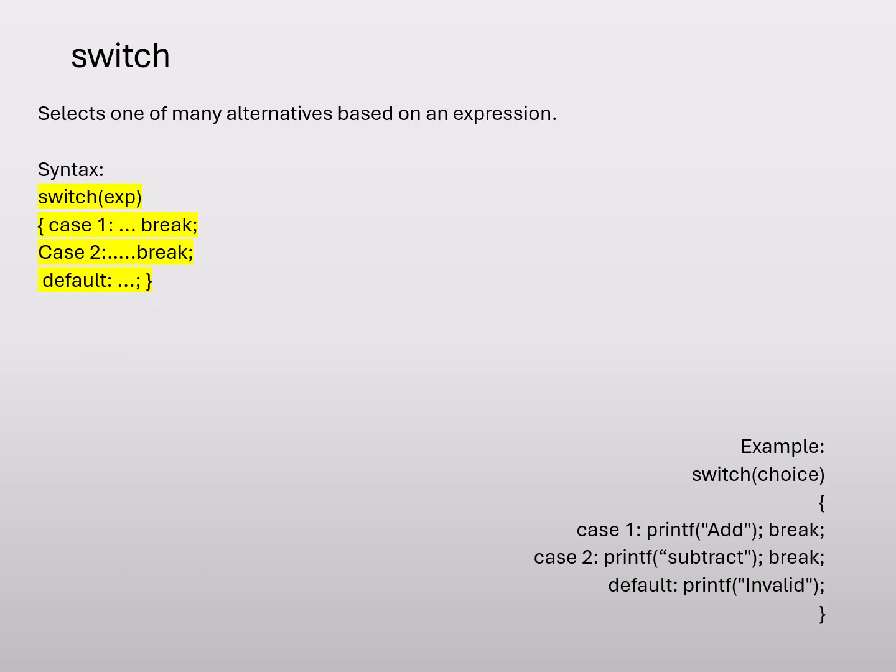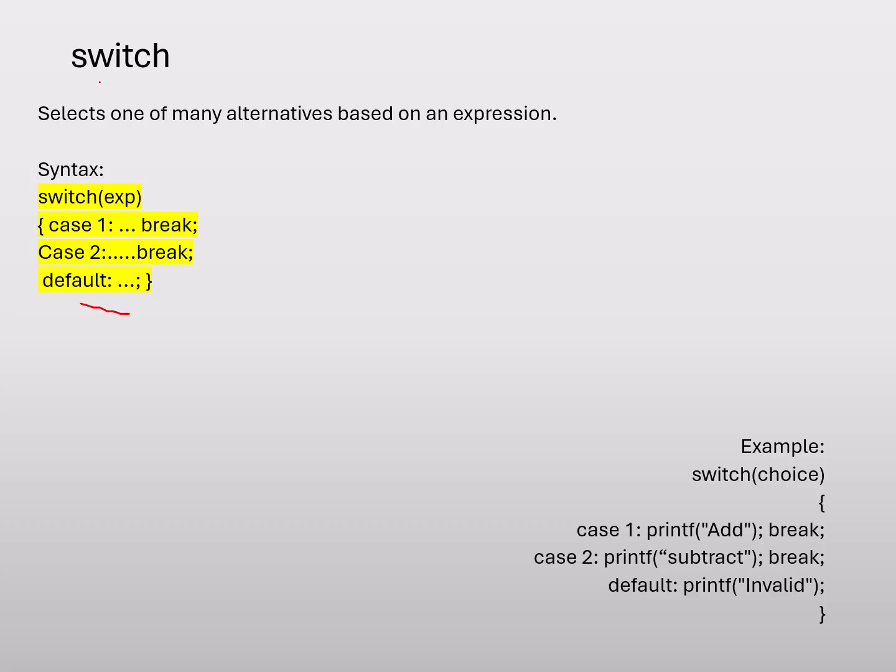Next, the switch statement. The switch statement selects one block of code from many alternatives based on a particular condition. Switch expression: if case 1 matches, the case 1 statement will be executed. Otherwise case 2, and it continues until the default statement.